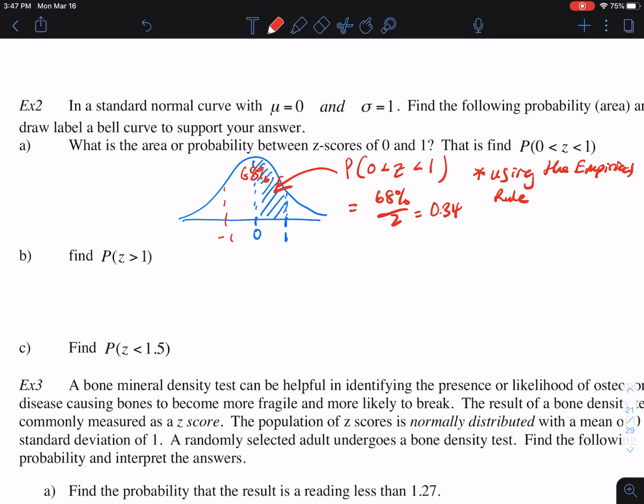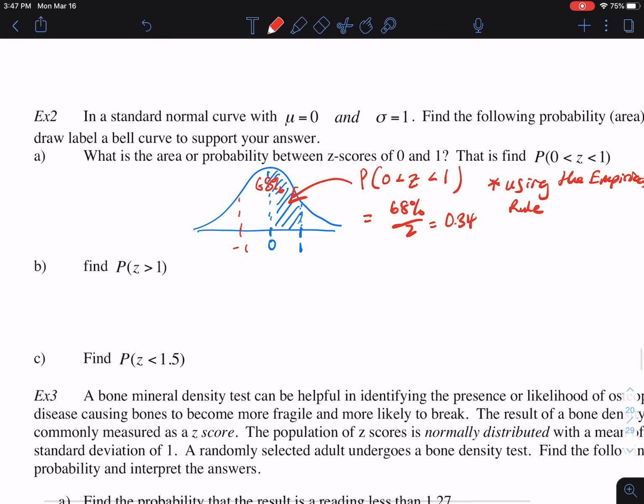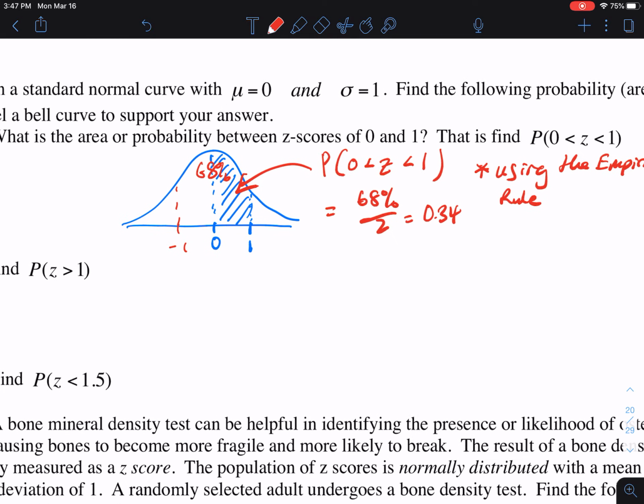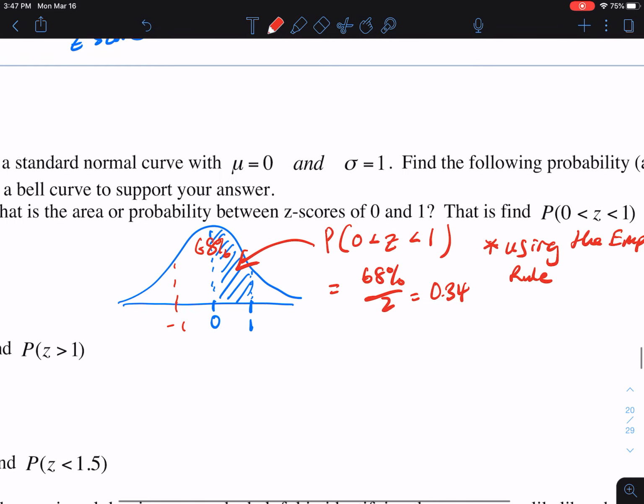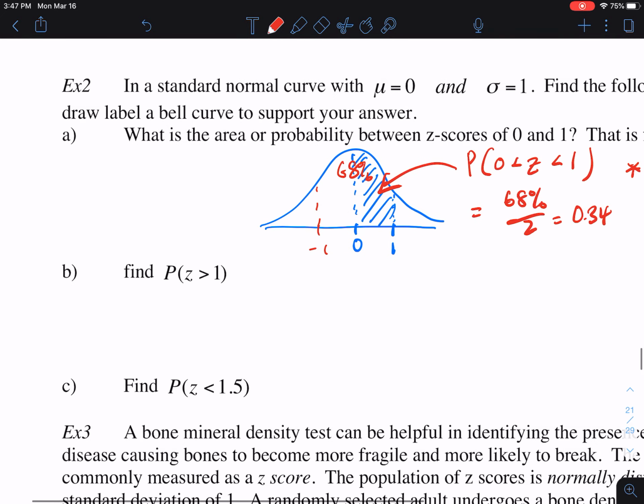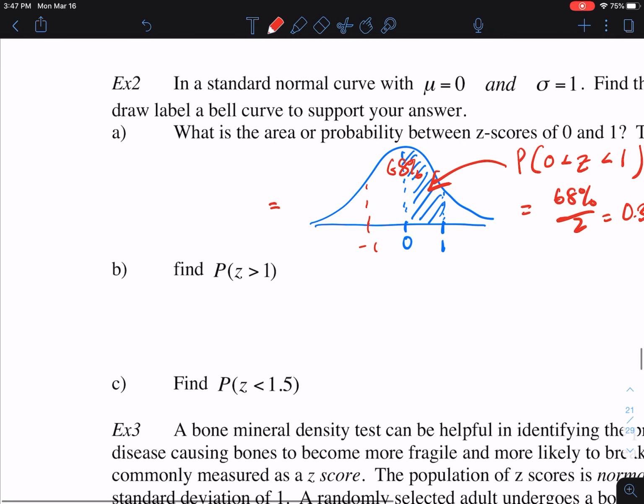Now let's use a z-score table. If we use a z-score table, we would have to find the area entirely to the left of 1. Let's see if I can draw that as 2 pictures.